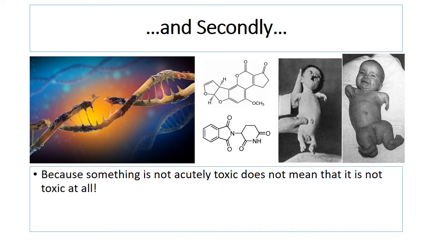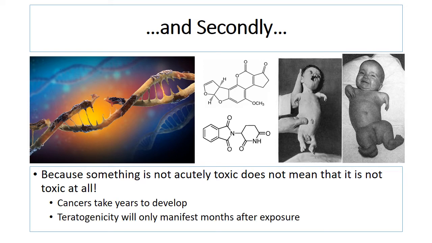But that does not mean that there are no effects which would happen in the long term, because generally, cancers take a long time to develop. Even in the example I gave of the aflatoxins, they cause liver damage and liver cancer, which occurs not immediately, but you start to see it after some time.